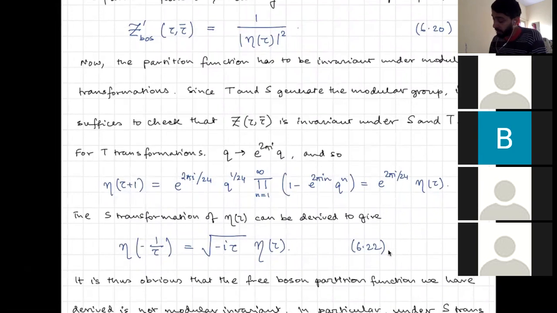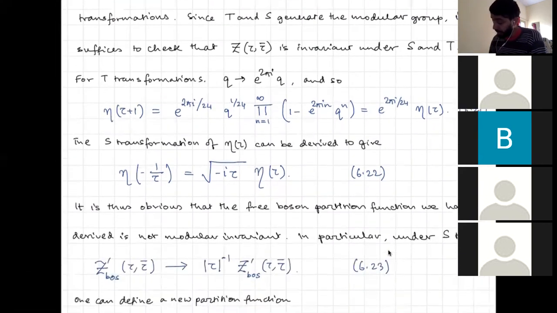Once we see what exactly that would mean for the partition function, since eta is not modular invariant, the partition function that we defined before will not be modular invariant.